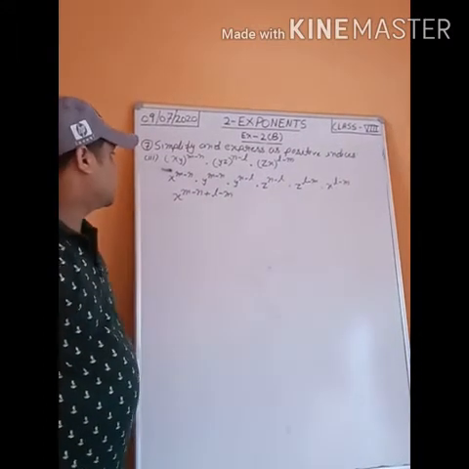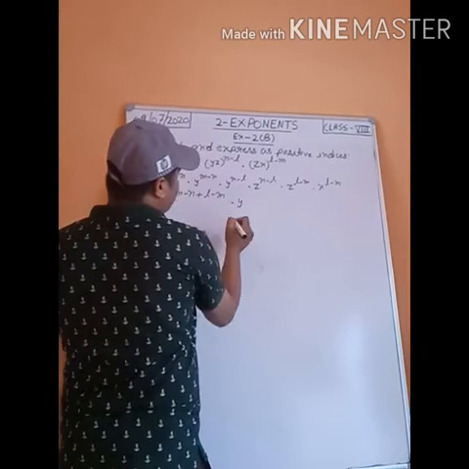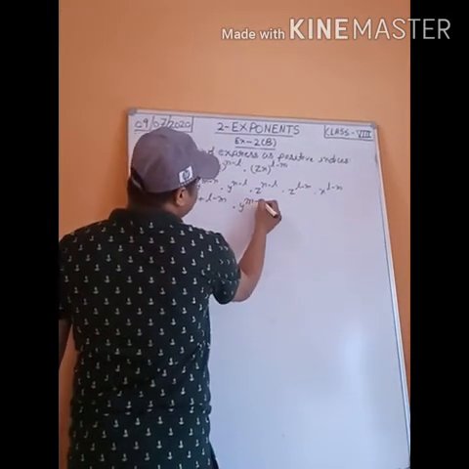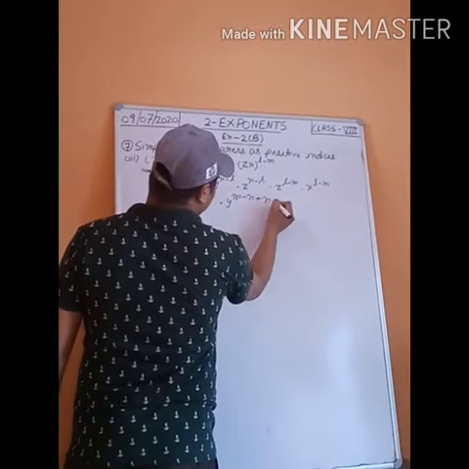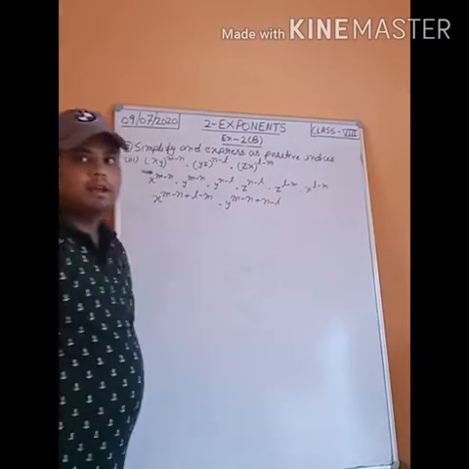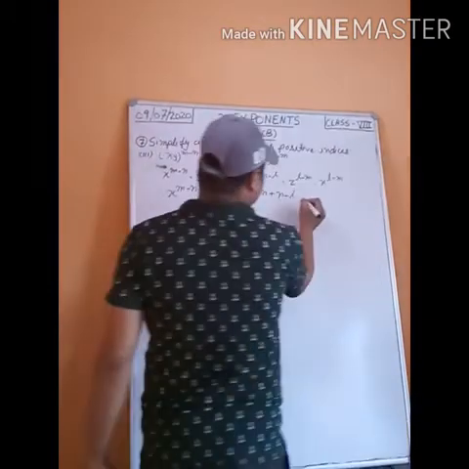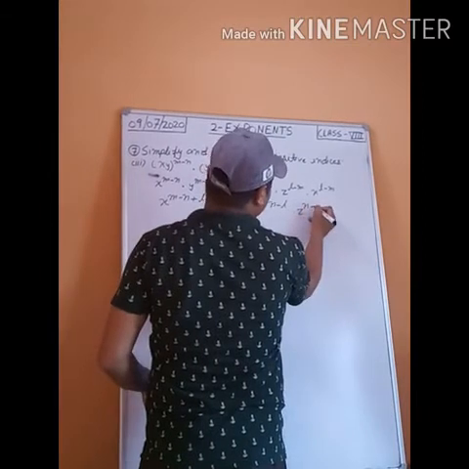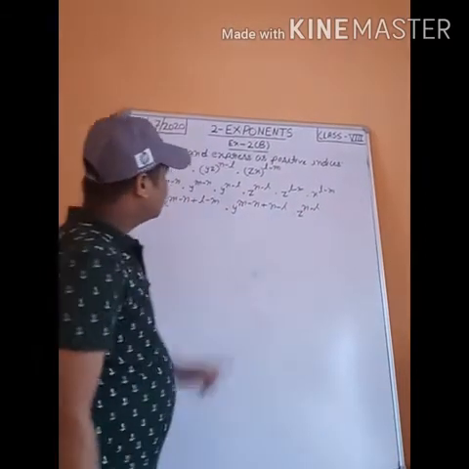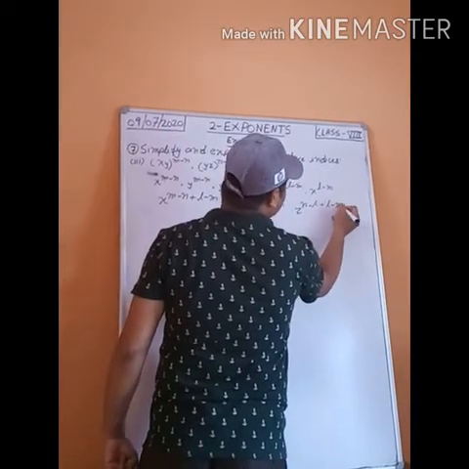About y, multiply y raised to the power m minus n, any other y? Yes, plus n minus l. About z, multiply z raised to the power n minus l, any other z? Yes, this, plus l minus m.